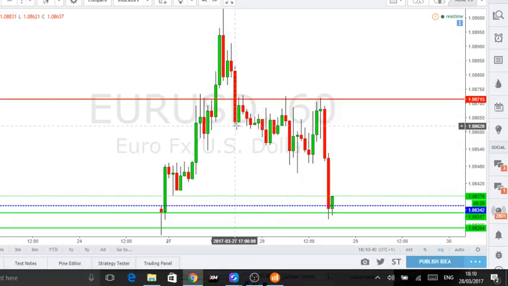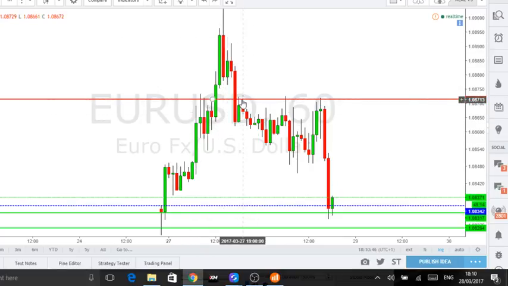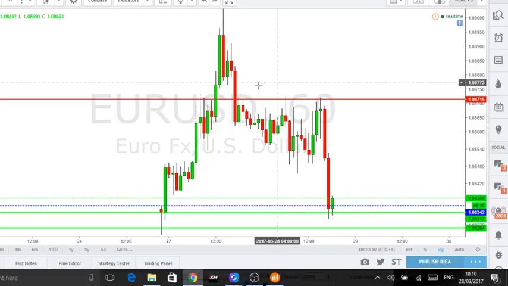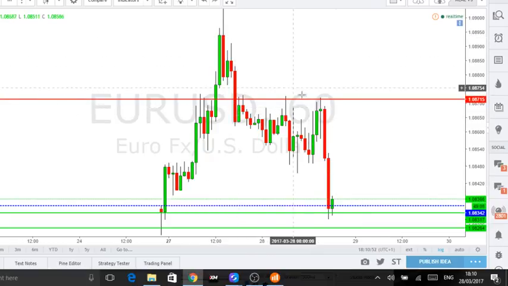Just remember that. A lot of wicks, strong level of structure. 1, 2, 3 wicks. It breaks it, comes back down. 1, 2, 3, 4 wicks. Reverses. Every time it hits it, it reverses.